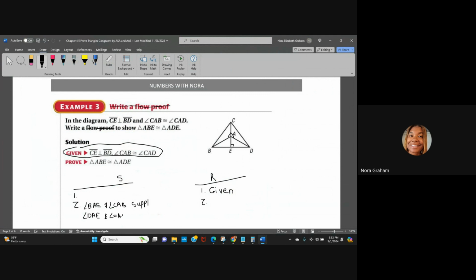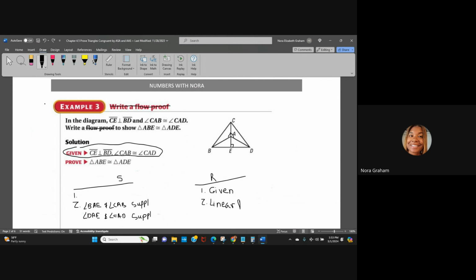See, supplementary as well. And let me write this down and I'll show you that in a second. Again, it's another throwback. It's another theorem that's in one of my past videos. Look it up if you have to. And this is going to be by those linear pairs. They're coming back. Linear pair.